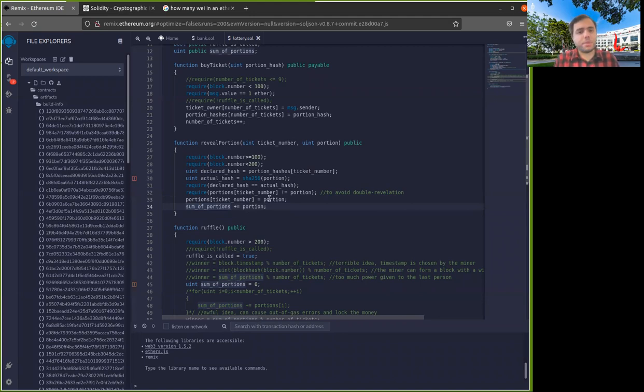And again, this makes more sense if you think about a scenario where someone has bought a lot of tickets instead of just one. So suppose that I'm an attacker, and suppose that I have bought half of all the tickets, right? So it's very likely that when other people show their portions, I'm actually winning.